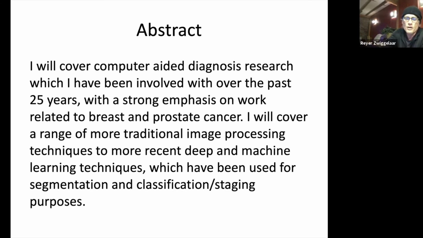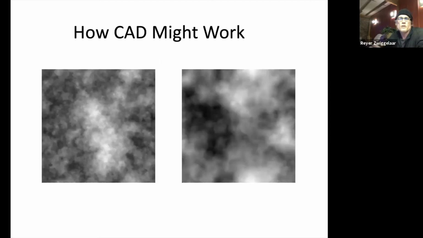So we're talking about computer-aided diagnosis, but what does that actually mean? So how a CAD system might work. These are two images, and these are synthetic images, and we've added some abnormality to that as well, so we know where it is.